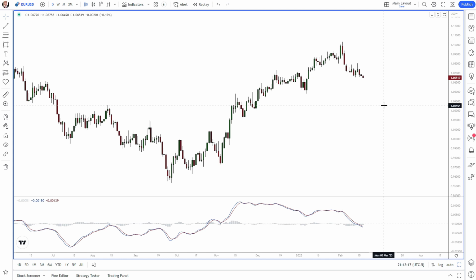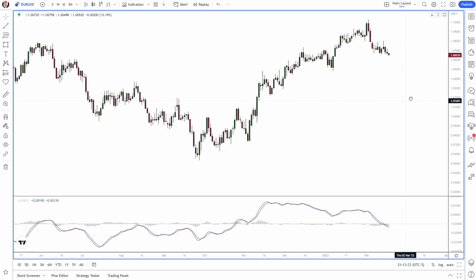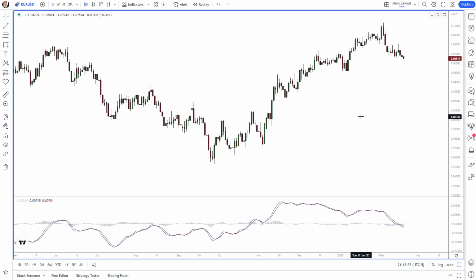You have to find one or max 2 tools that really simplify your trading, and get you to a point where your chart is not cluttered with a bunch of different stuff. That's extremely important. And I feel that the MACD is one of those indicators that really simplify your trading.